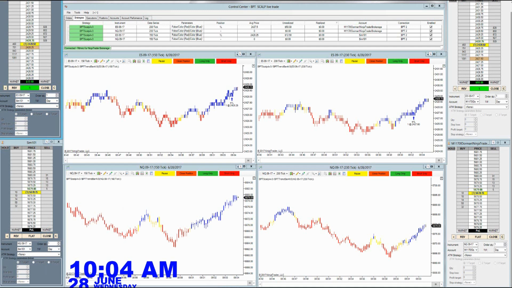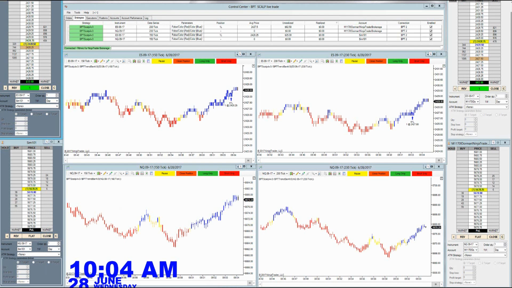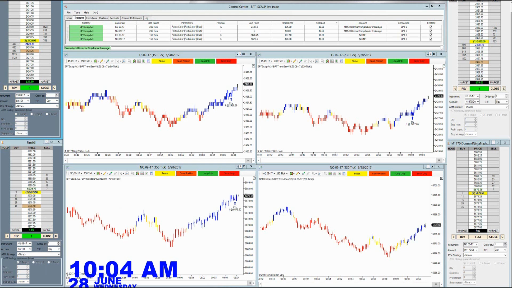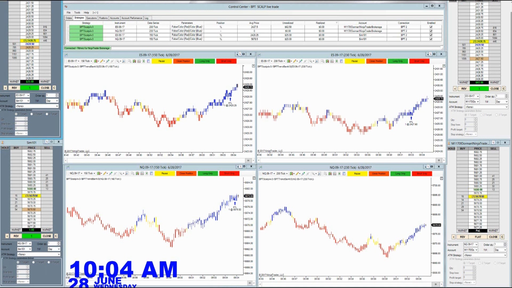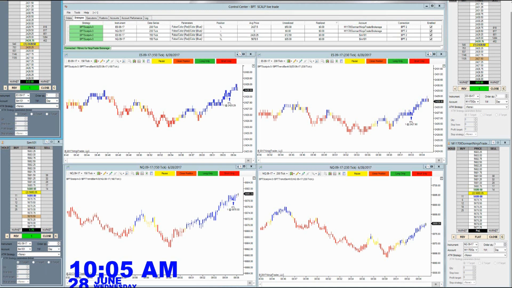But anyway, let's also show you one more trade on the newer version on the scalper. And here is the sad story on the NASDAQ. When I was occupied on the ES and I saw the NASDAQ taking a trade, I said, why is the live trade not taking a trade? Because it turned out it was 230.